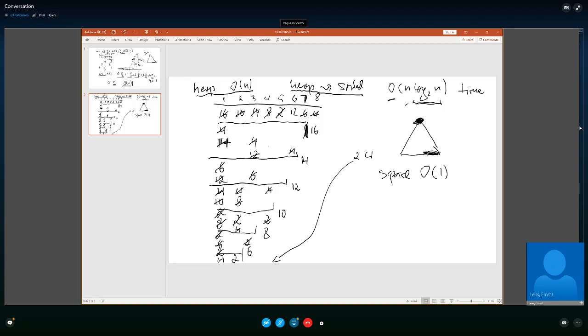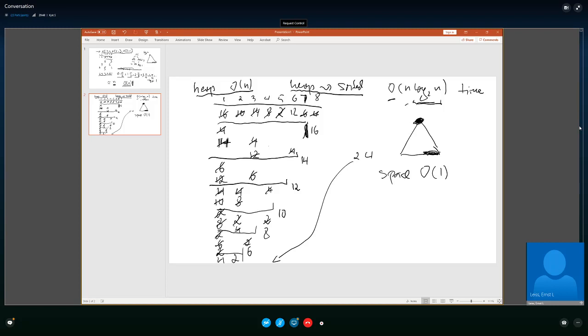It is larger than merge sort. Merge sort has less than 2, but it is certainly much more efficient than, say, quicksort, which in the worst case, of course, is n squared.